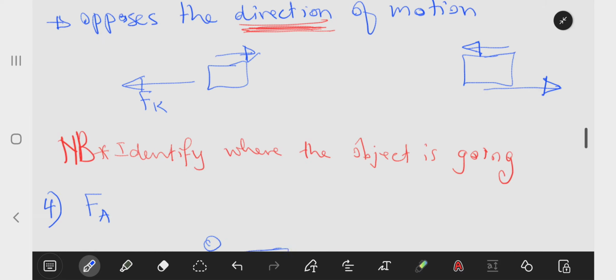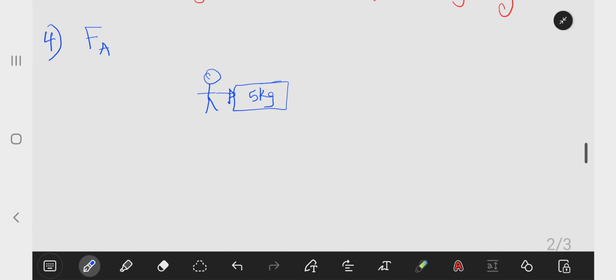But when it comes to the applied force, they actually tell you that there is an applied force, so we can say the key term is "applied." If they say a person applies a force of 50 newtons, then you know that is your applied force. And usually they will tell you the direction in which that applied force is applied.